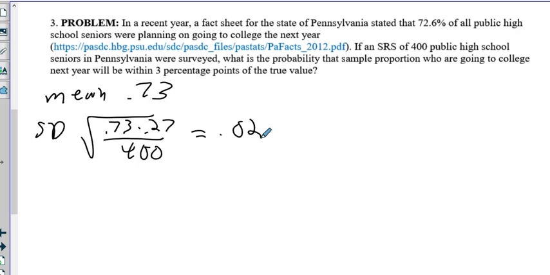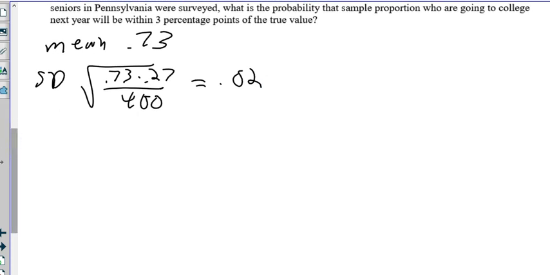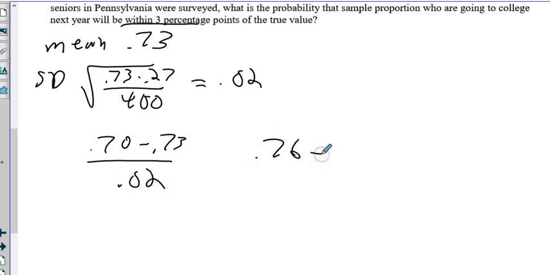Now, this is the one we did last week where we're trying to find between 3 percentage points. So that means we're going to do 0.70 minus 0.73 divided by 0.02, and 0.76 minus 0.73 divided by 0.02. And this is where we're going to try and find the area in between.